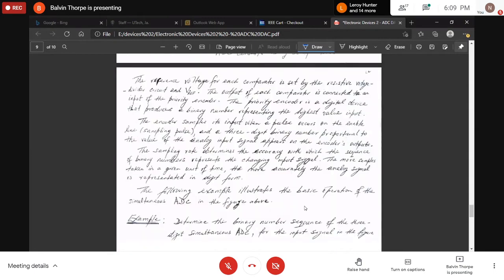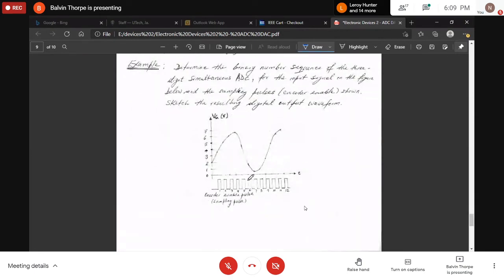So let's go back again to the question. Be that as it may, this is your input voltage. When the input voltage is sampled, the enable checks and says, okay, based on the particular comparator, this is what we're getting. Remember, the encoder is operating using the enable input.